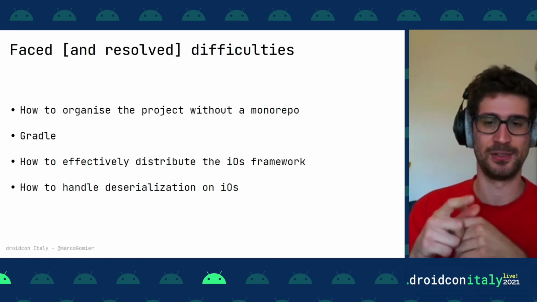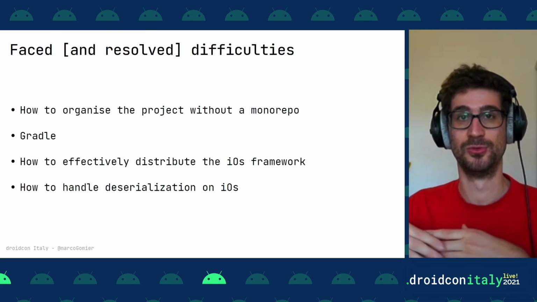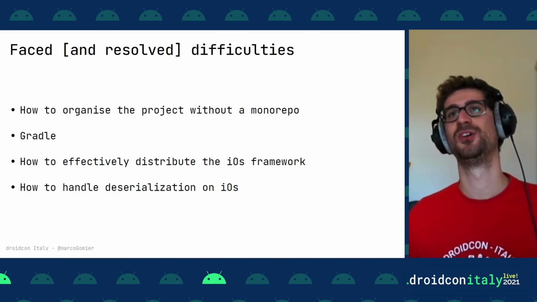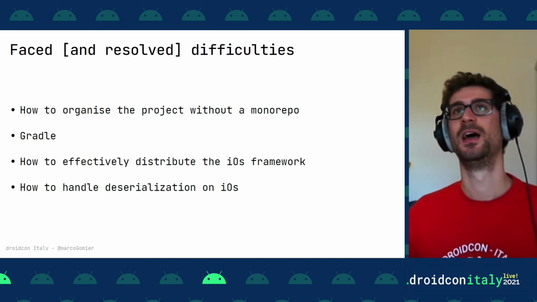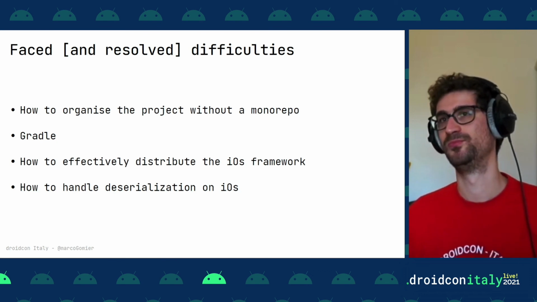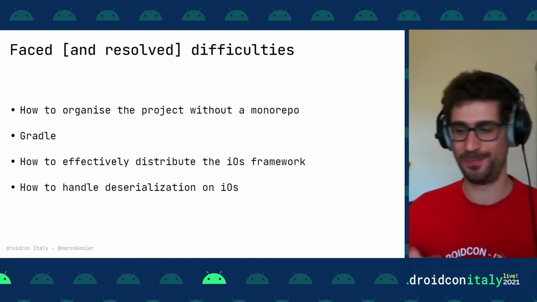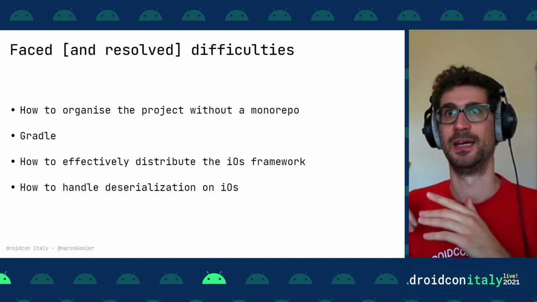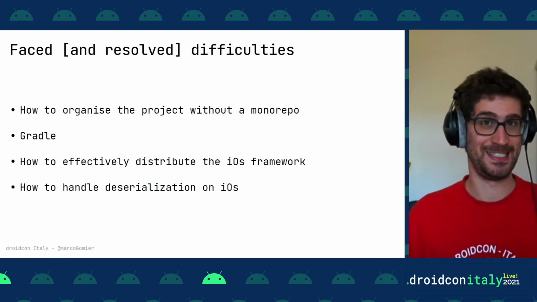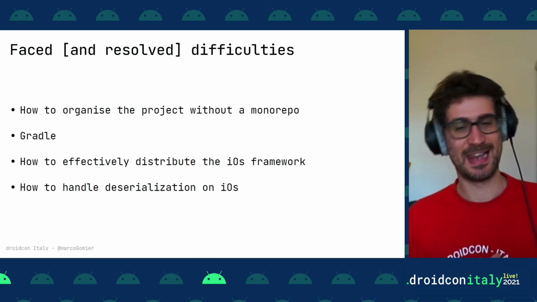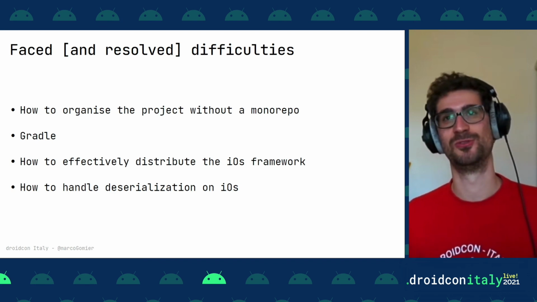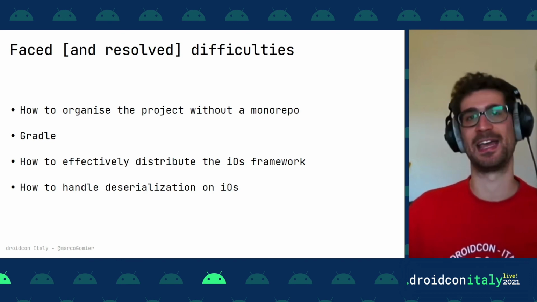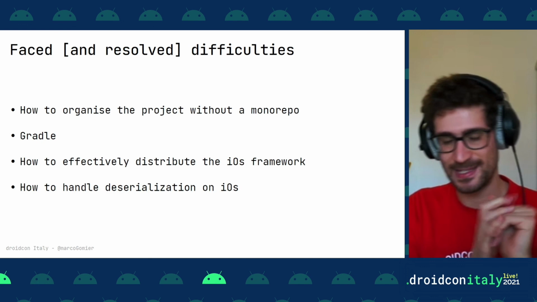Then another issue connected to the first one was how to effectively distribute the iOS framework, because it was not easy at the beginning to understand what I had to do to ship every different piece of architecture. And the last difficult part was how to properly handle the serialization of the object on iOS. That again was not simple to understand and achieve.